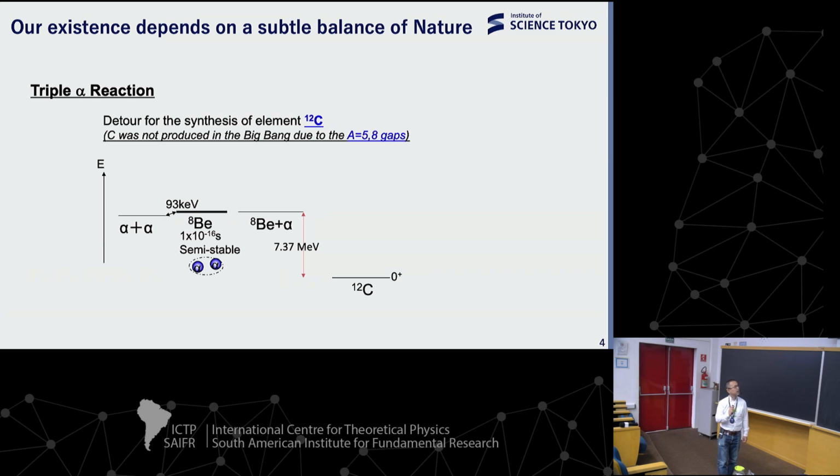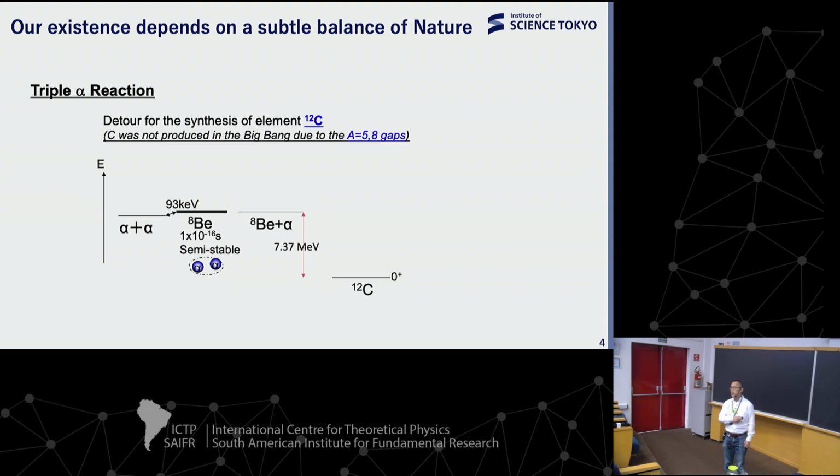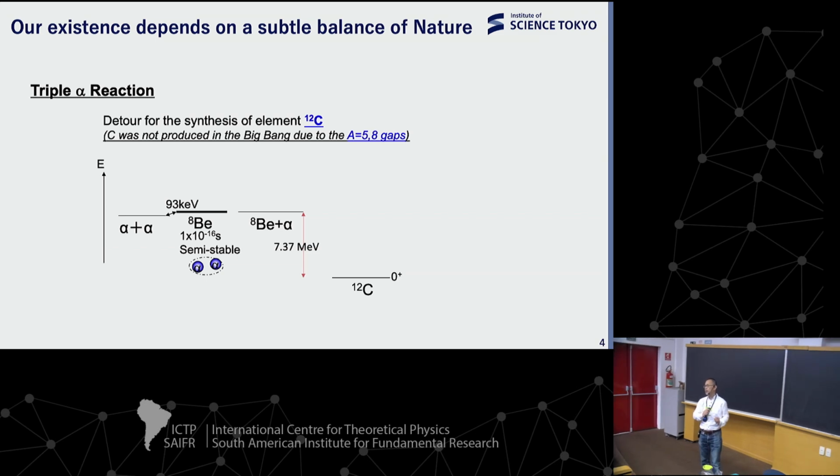But there's another catch, namely that the energy of beryllium-8 plus alpha and carbon-12 has 7.37 MeV, a rather large energy gap between these states. So Fred Hoyle said that since we exist, for that we need a state here.